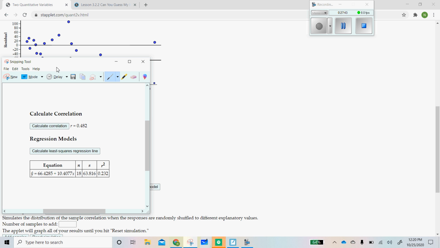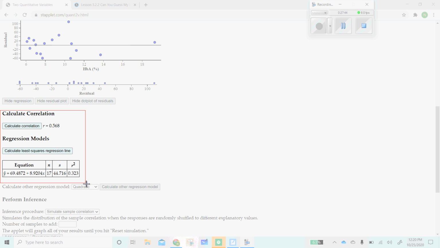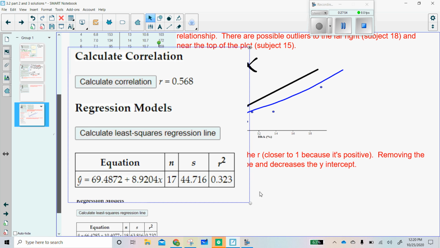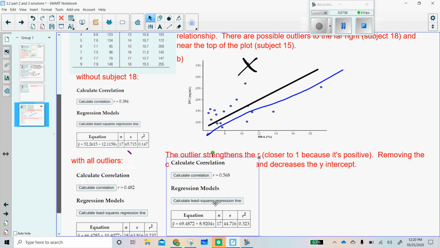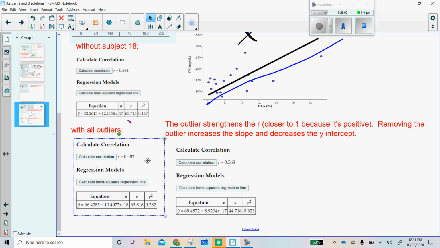So without that high point in there, my R is 0.56, which is indeed higher. And then I have my point here, and it does look like some things have changed a little bit. So I'm going to take a picture of it and put it over here so that I can compare these two. Okay, so notice with the outlier, the R is smaller than without.